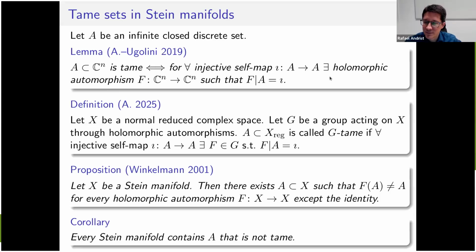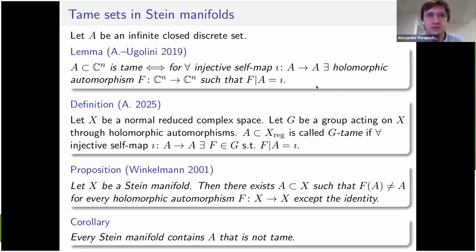The question is, if we take all subsets that satisfy the condition on injective self maps, and we take subsets that satisfy the conditions for bijective self maps, do we obtain the same collection of subsets?